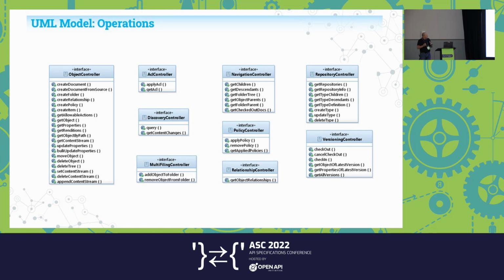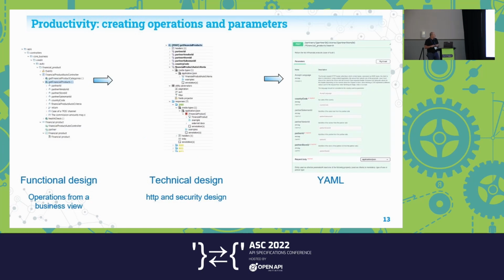Then we don't have the OpenAPI yet. Once we have, here, this is the global model. You have the controller, which is in fact the API, but it will become the API. An operation and a set of operations. Each of the operations has a set of parameters.